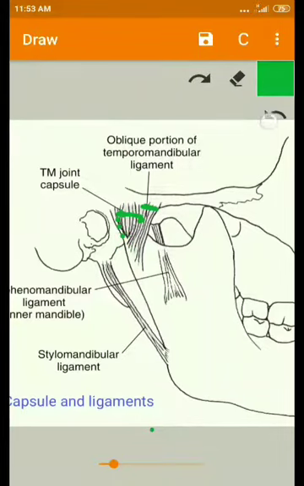The capsule is thin and loose in its anterior aspect. Not only on the anterior aspect, it is thin also on the medial side and the posterior side. This is the lateral view, so medial side means on that side.